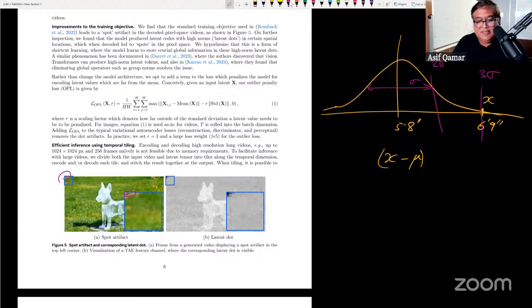What they do is they look at hard outliers. So R for them is equal to 3, which means that they're looking at hard outliers, not soft outliers, right? That's all they're doing. They're saying, attach a penalty term to the machine. When you add this penalty term to the latents that it produces, what you're saying is, don't produce outliers in the latent representation.